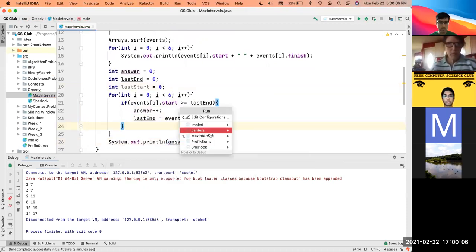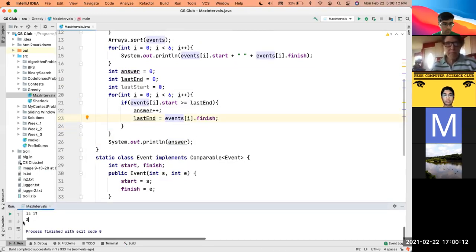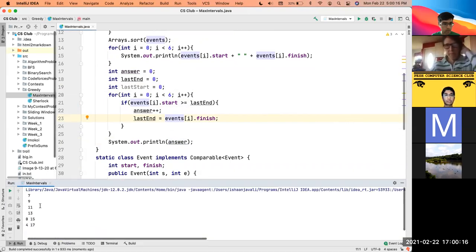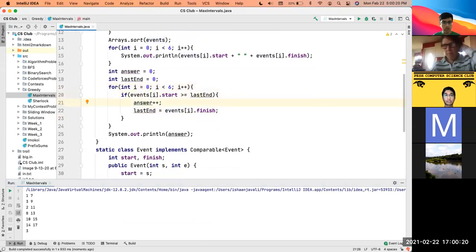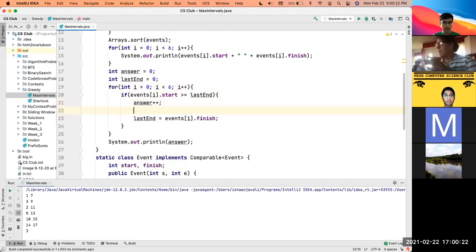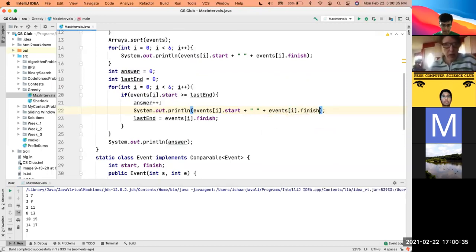And now we can print out our answer. We'll just check if this is correct. Max intervals, and run this. Okay, and you can see it printed out 3 because the maximum number of intervals that we can take is 3. And we can also have it print out which intervals we should take. So we can print out events[i].start plus events[i].finish.